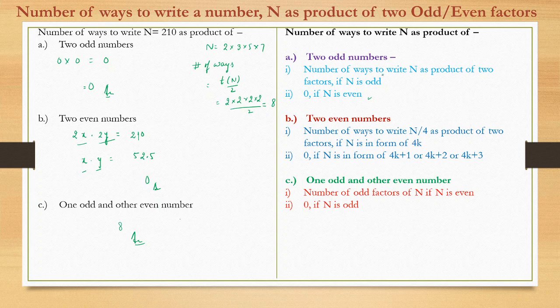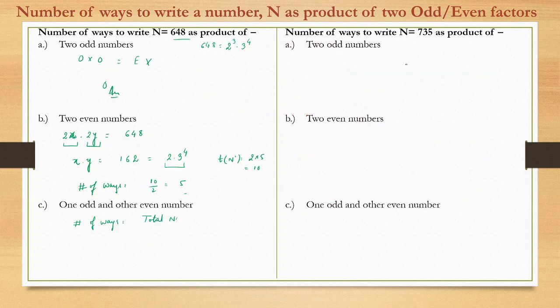Now the number of ways to write n as a product of two factors if n is odd. In the previous example we saw, if n was odd, then two odd factors.